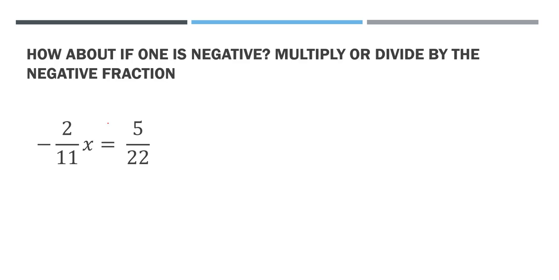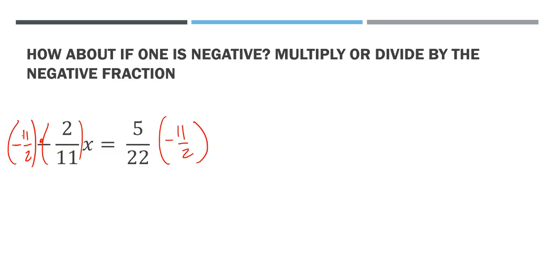How about negative numbers? Well, with the negative number, we're going to multiply or divide by the negative. So in this case, -2/11, I'm going to go ahead and multiply times, I'm going to put that in parentheses, -11/2. And here's why. And whatever I do on the left-hand side, I do on the right. So negative 11 over 2.